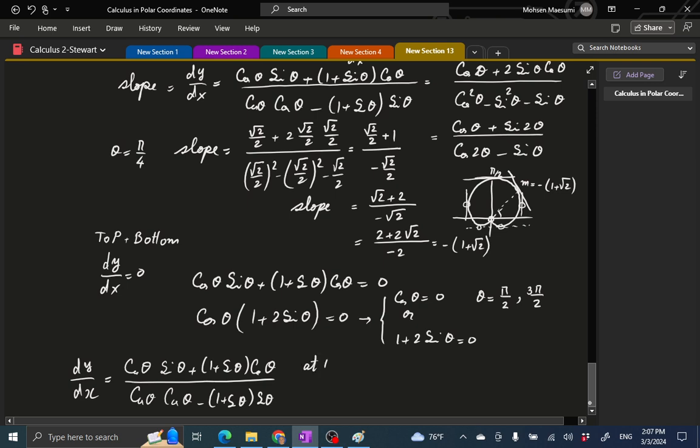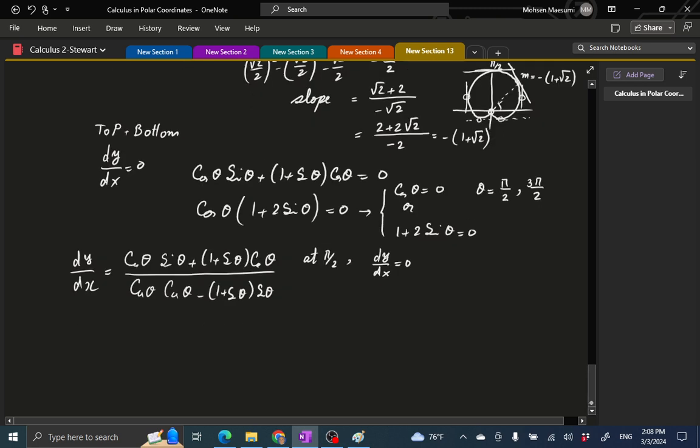At pi over 2, nothing unusual happens. This is 0, this is 0, okay, 0, 0, this is 1, this is 2, so 0 divided by minus 2, dy/dx as expected is 0, nothing eventful over there, that's just a horizontal tangent line. How about at 3 pi over 2?